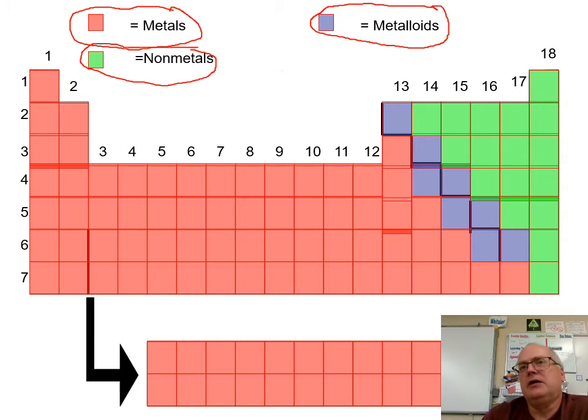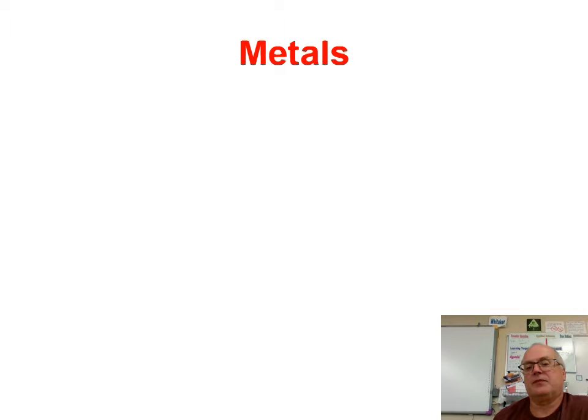So one of your checkpoint assignments will be to color code the metal, nonmetal, metalloid table with these three colors. This slide right here will be a great model guide for you to work on your assignment. Some things about each of these that we need to know.